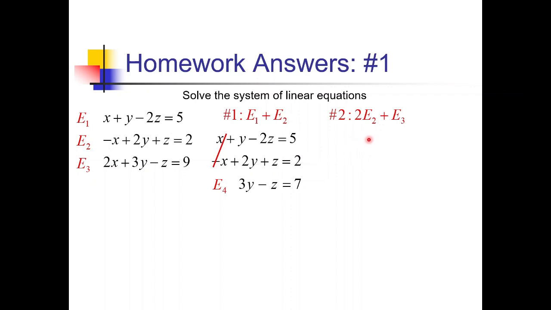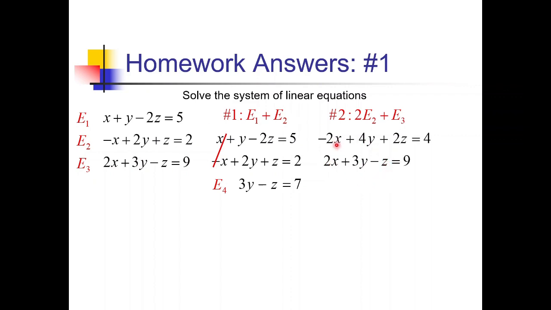And I'm going that route just so I don't have to mess with multiplying everything by a negative number. So going back to e2 and just doubling everything here, we've got negative 2x, which is important, plus 4y plus 2z, and equals 4. And then e3 is staying the same, so I'll just drag that over to here.